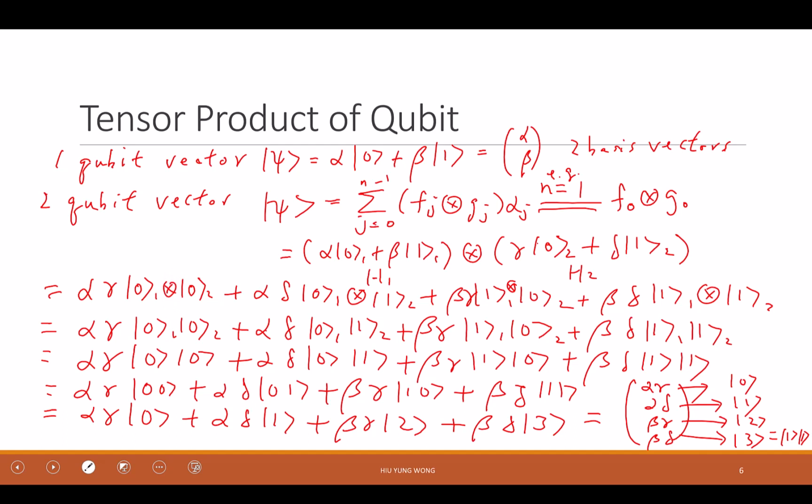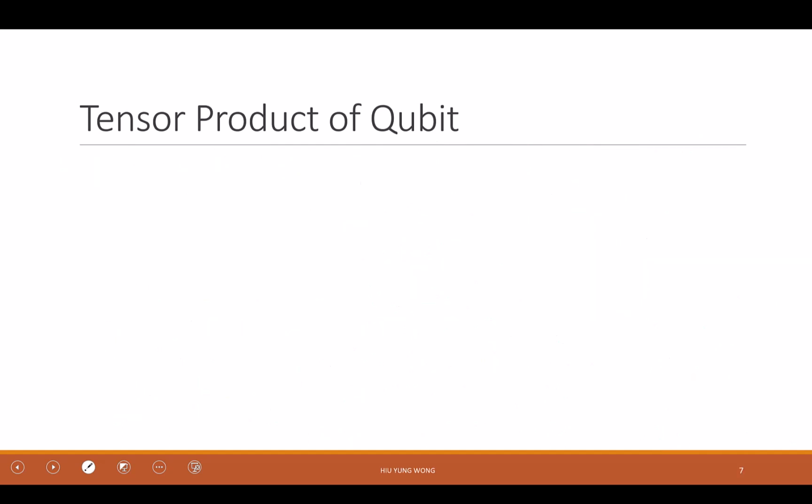Okay, so we know how to find the tensor product of qubits. I give you 2 qubits. All you need to do is just multiply them. Let's look at a higher dimension, right? So let's look at the power of quantum computing. So let's look at the number of electrons. If I have 1 electron, how many basis vectors does it have? 2.